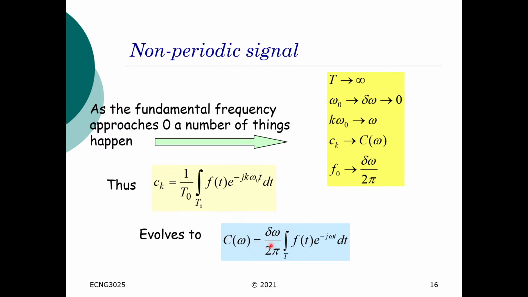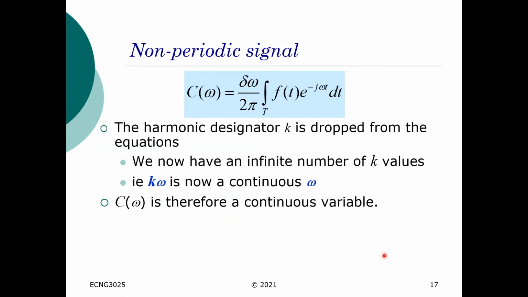So C of omega is going to be delta omega divided by 2 pi, integrated with respect to t, of f of t, times the exponent of minus j omega t, with respect to dt. And as we can see here, there's no longer any harmonic designator k in applying all these limits.